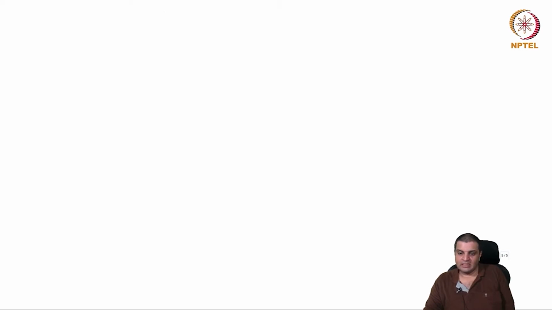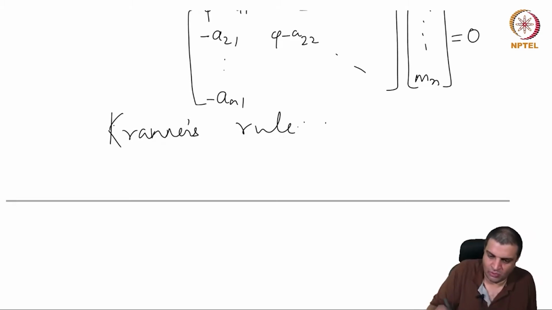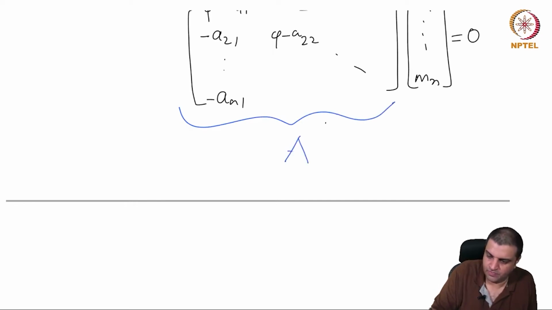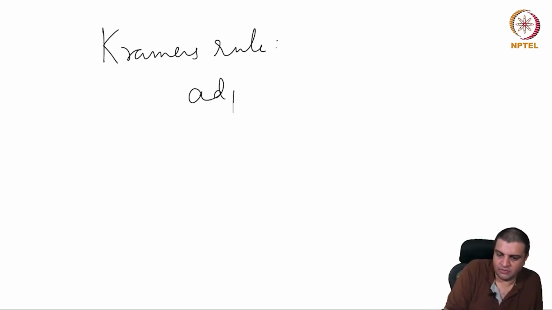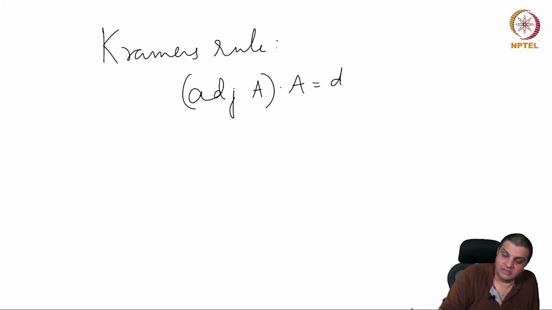But if you don't try to divide by the determinant, the statement is the following. First of all, let's call this matrix A. Now Cramer's rule says the adjoint of A, the way it's usually defined in a linear algebra over fields course, times A is the determinant of A times the identity.